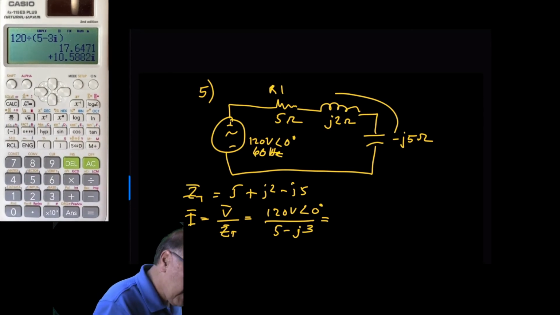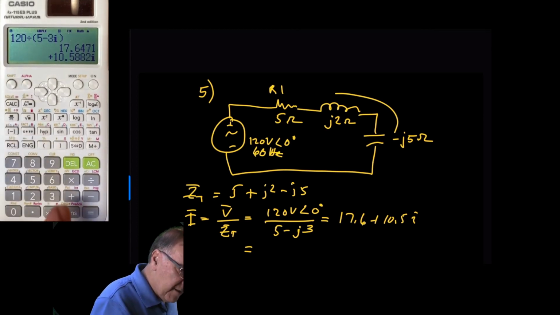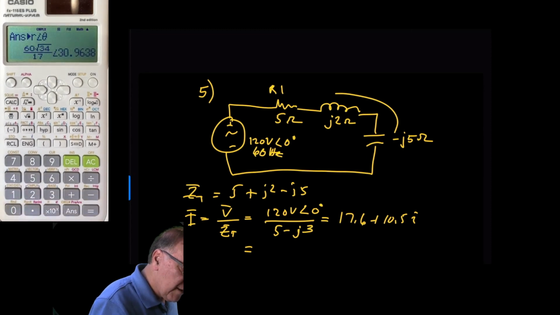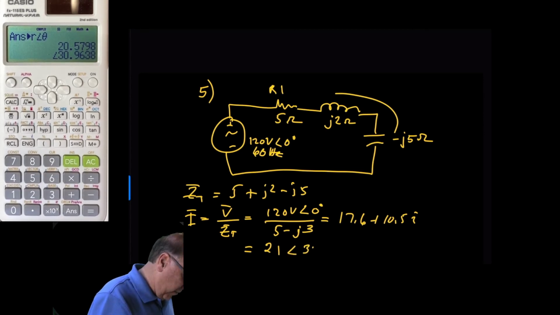So that's 17.6 plus 10.5i, and now they want us to convert that to a polar form. So we can hit Shift 2, 3 equals, we'll go to decimal. So that's approximately 21 at an angle of 31 degrees.